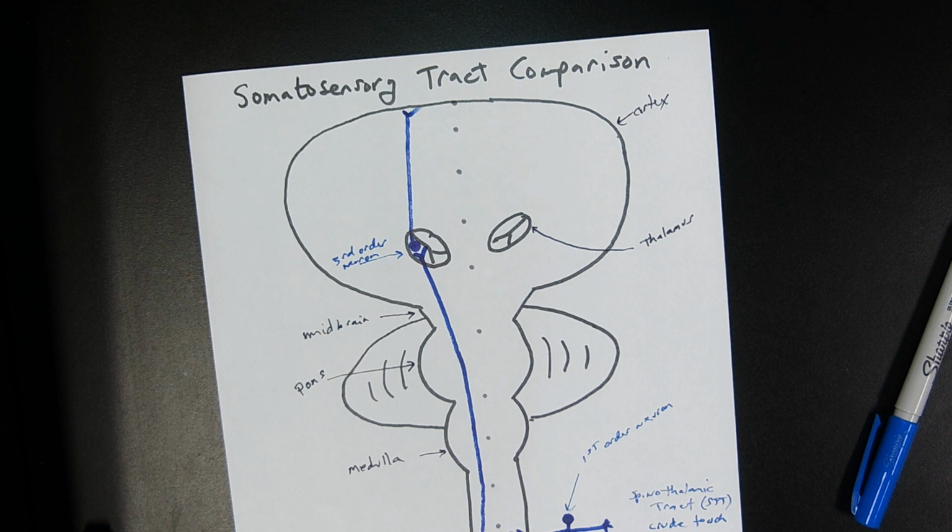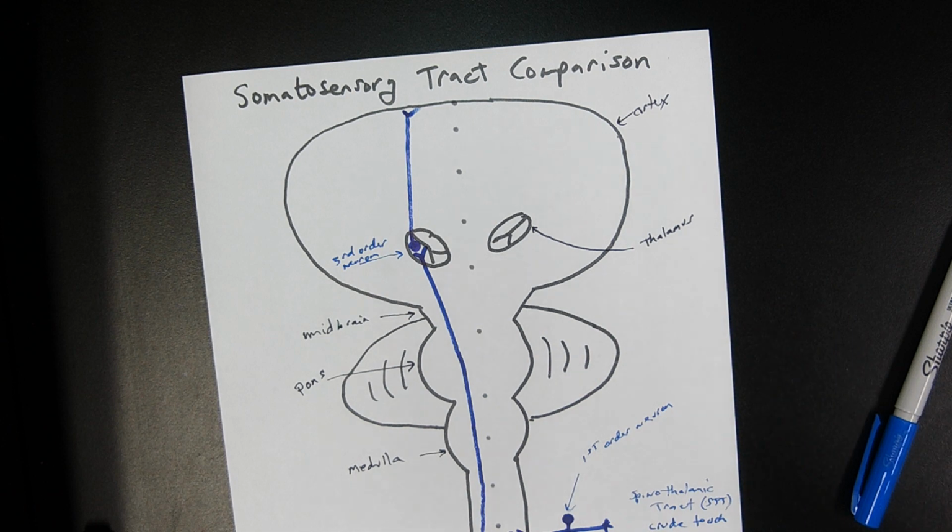If the information is coming in from upper extremities, it's going to go to the part of the somatosensory cortex homunculus specific for upper extremities. For lower extremities, it's going to come in at the lower spinal level, travel all the way up, and then go to the part of the somatosensory cortex that's specific for lower extremities. Okay, everybody got that? And this is your spinothalamic tract.